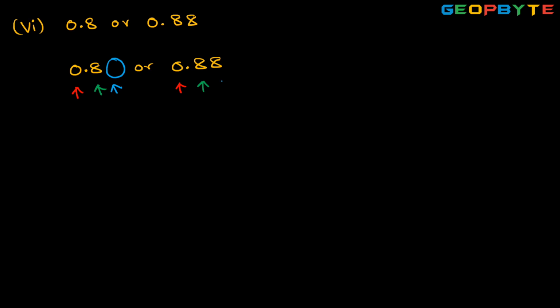And in the second number at the hundredths place, we have 8. Since the tenths place is the same, we go to the hundredths place. In the first number we do not have any digit, that means 0, and in the second number we have 8. So we can say that 0 less than 8.